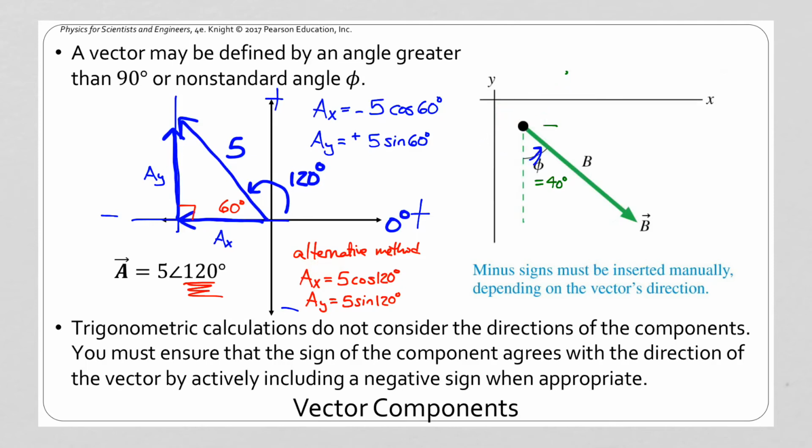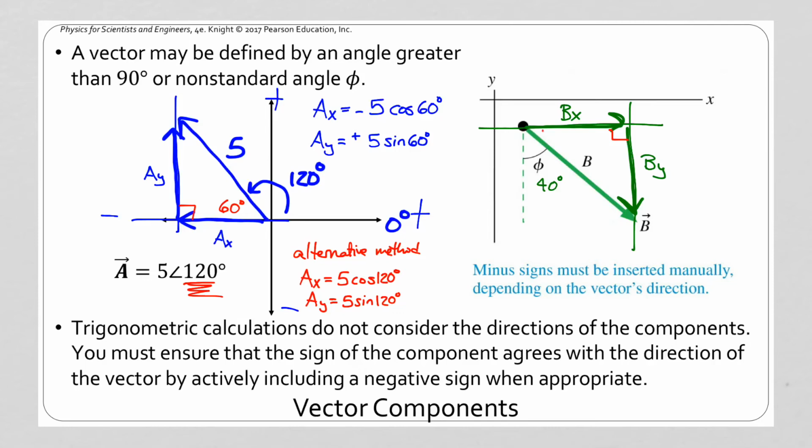Another way that you could approach this is what we have been talking about, where you draw a vertical line through the tip, a horizontal line through the tail. That gets you your x and y vector components, and then we want to find the x and y components of that vector. In this case, we're told 40 degrees, but that's not an angle inside of our triangle, so we don't know what value to use as a reference angle.